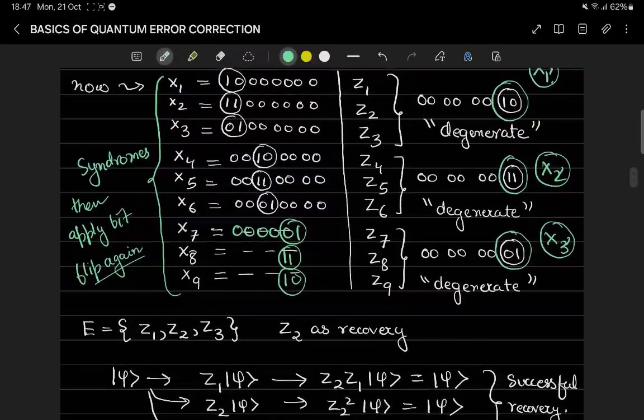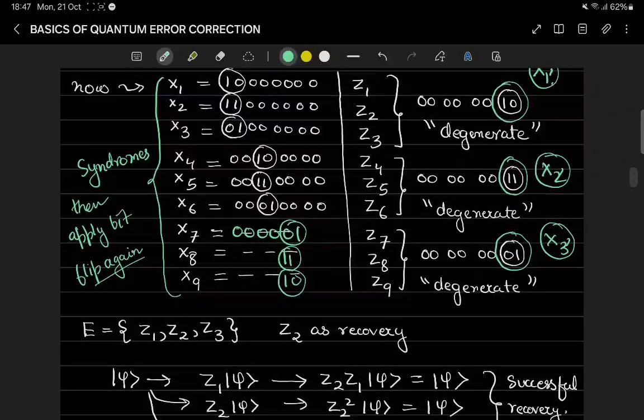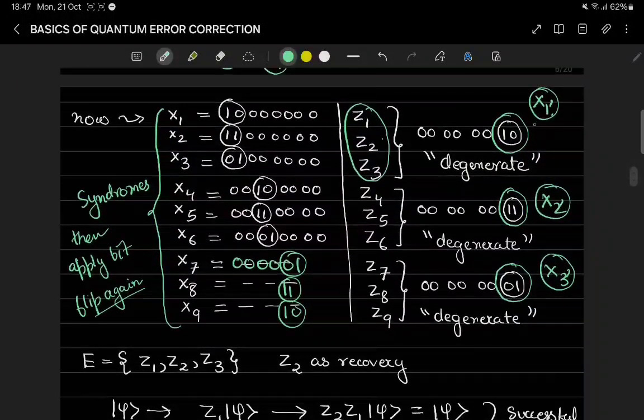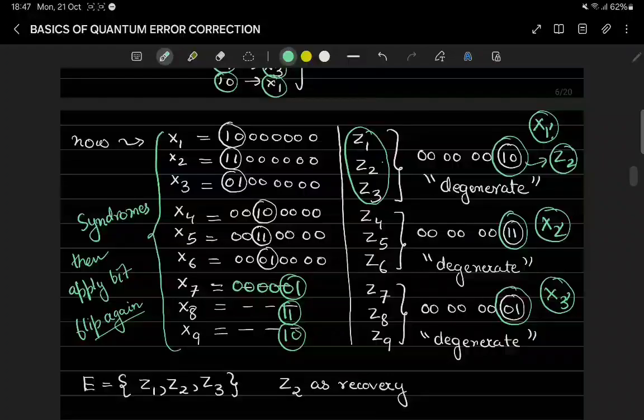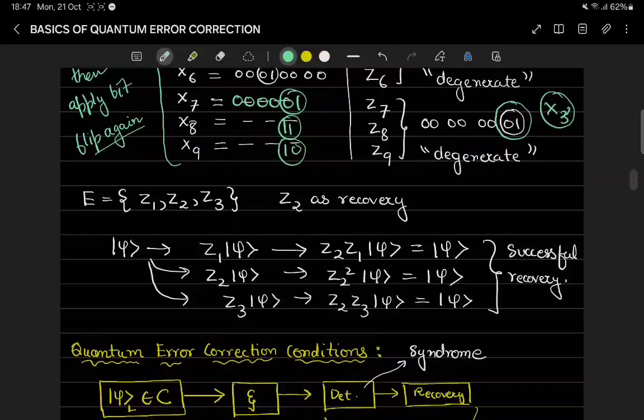So for this, we use the fact that we have the stabilizers at hand. Suppose I have these 3 errors, and I say that whenever I have 1, 0, I will apply Z2, for example. Now it's easy to see that Z1, Z2 as well as Z2, Z3, they both are stabilizers. So the recovery happens in this particular way.